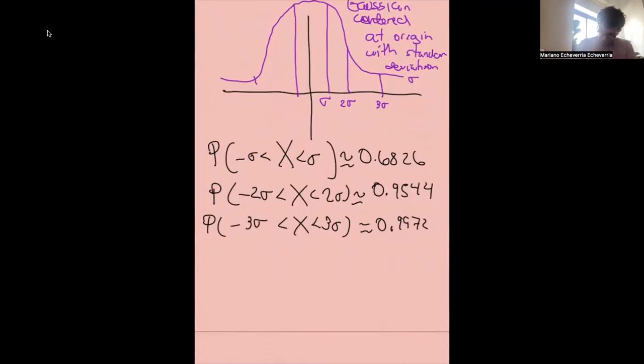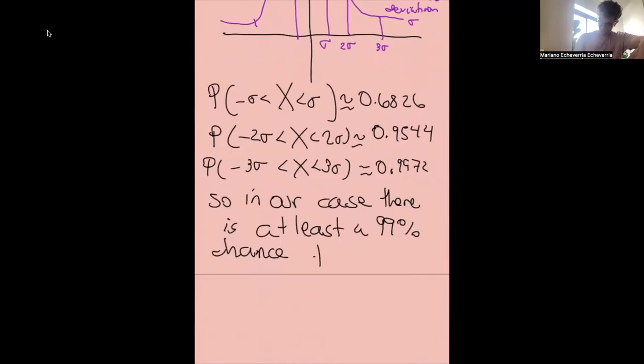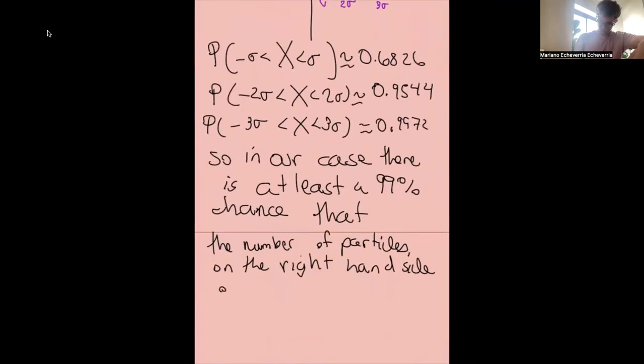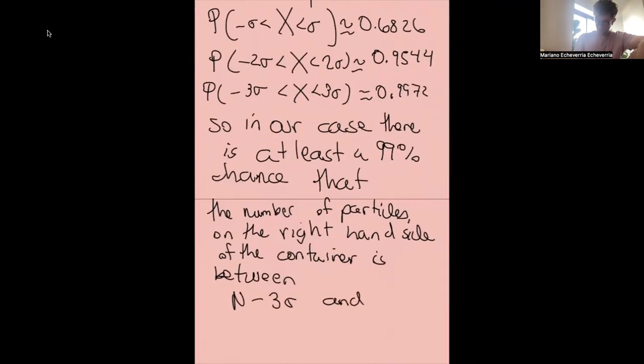So in our case, there's at least a 99% chance that the value is between n minus 3 sigma and n plus 3 sigma.